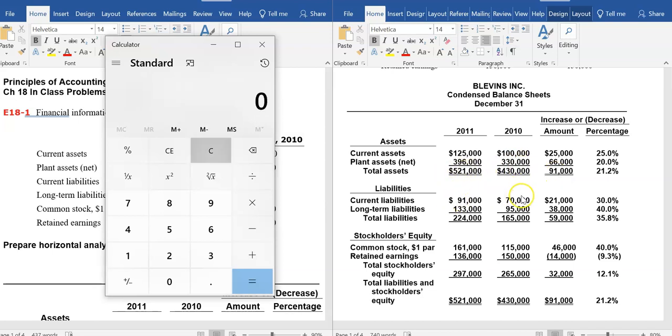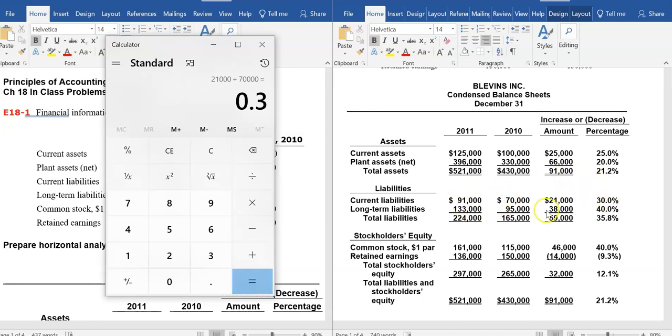We do the same thing for each line item in current liabilities. Dollar amount of change from the base year, first year presented, to 2011 is $21,000. Divide $21,000 by the base year, first year presented, which is $70,000. We have a 30% change.